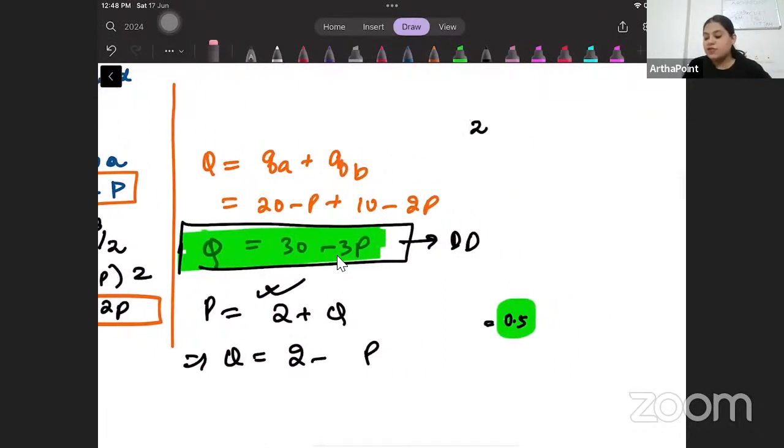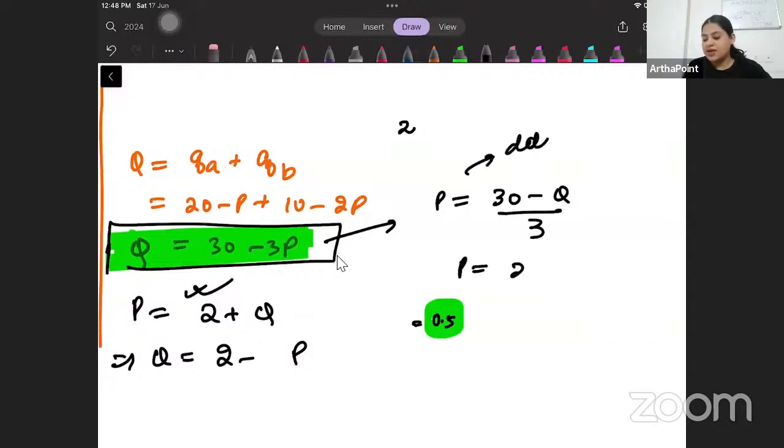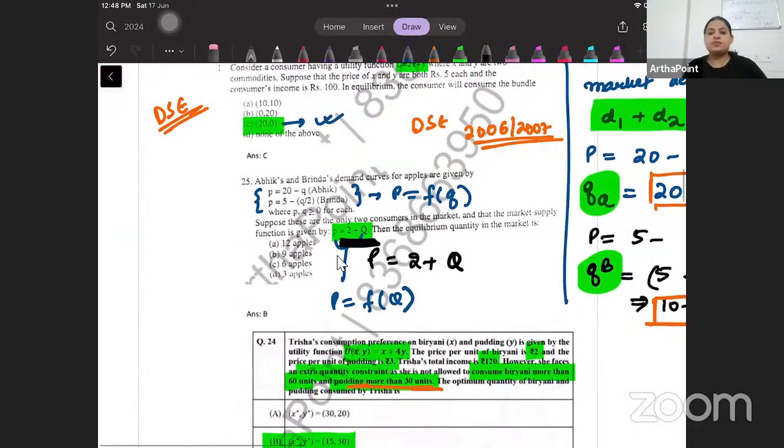So from here, if you find the value of P, that will be 30 minus Q by 3. This is the demand side. Supply side is 2 plus Q. Now, yes, you can equate the two with each other. But earlier you cannot. That demand is a function of individual prices, and this is the market supply.